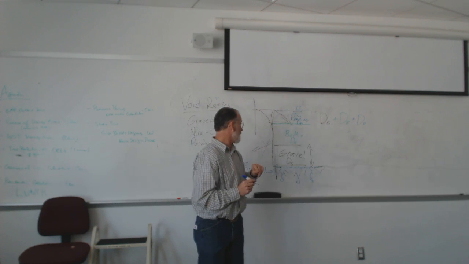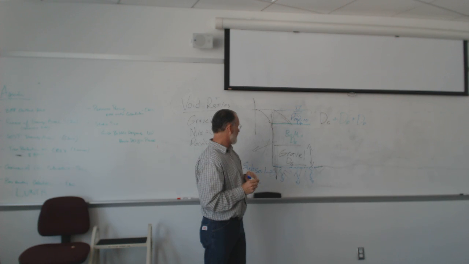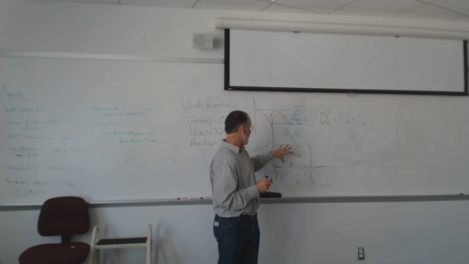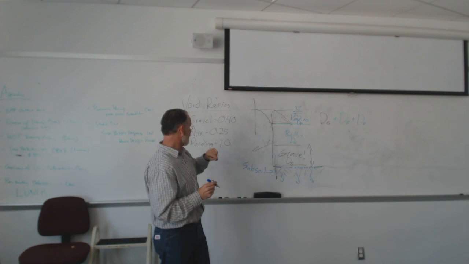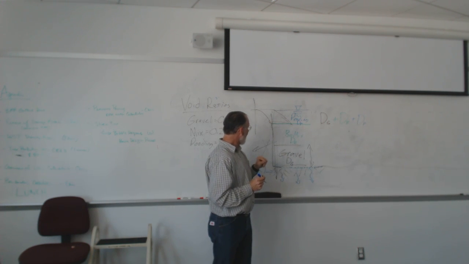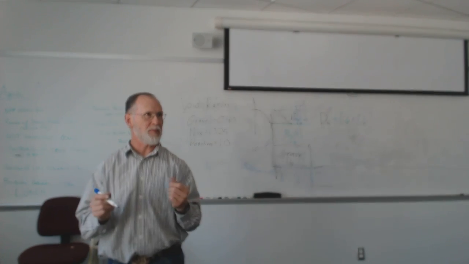For a given depth, I know my depth of gravel, and I know my void ratios for my gravel, my biomix, and my ponding, so not the river. The way I do it, everybody does it a little bit different.